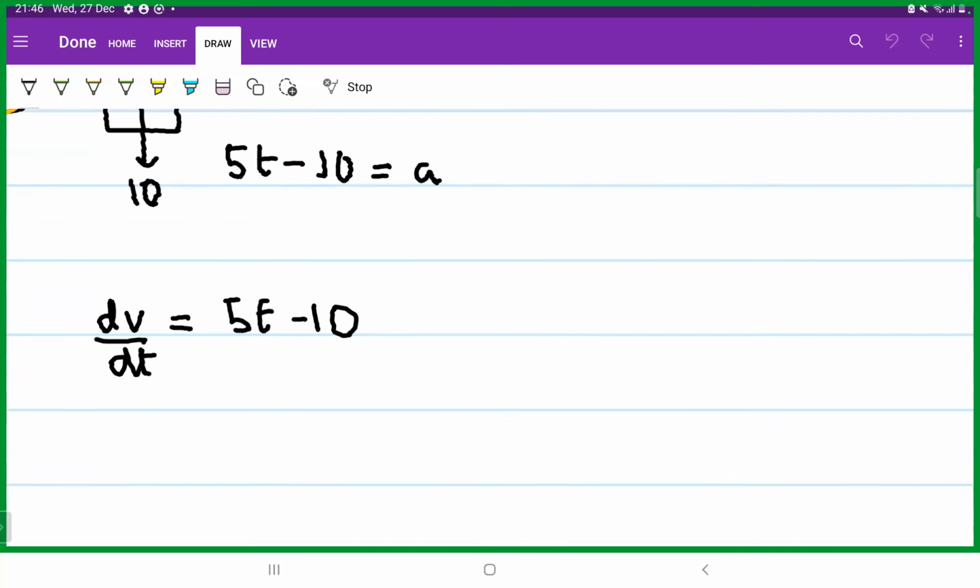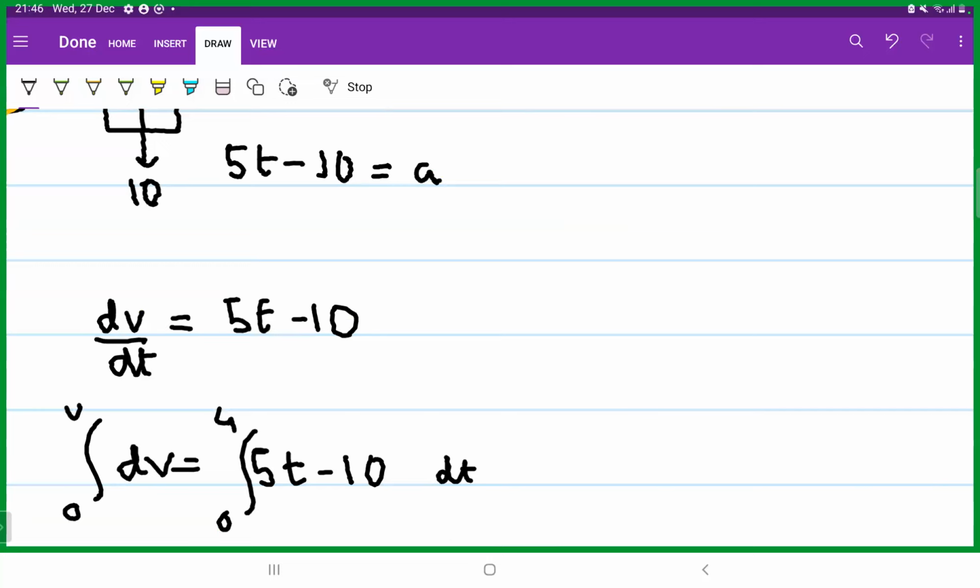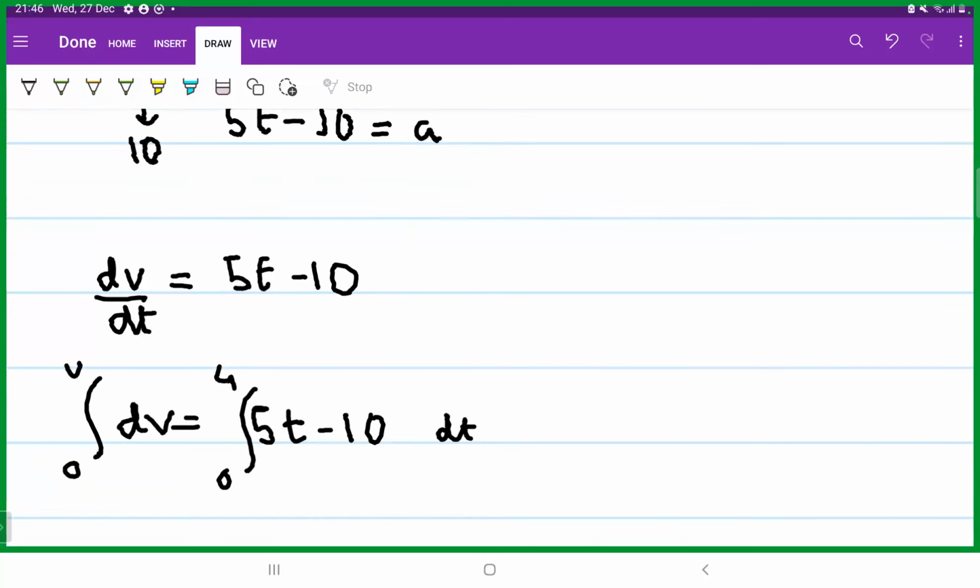Now integrating both sides, t will be from 0 to 4 seconds, and v will be from 0 to v, because at t equal to 0, this block had 0 velocity.